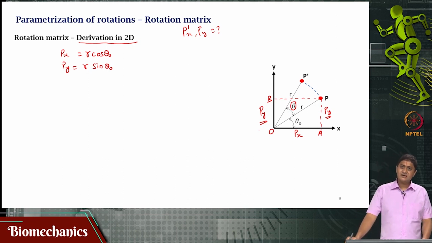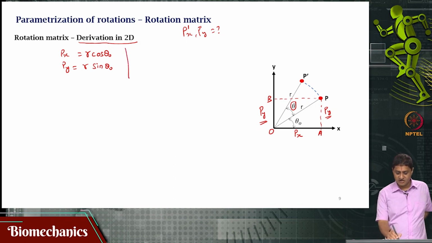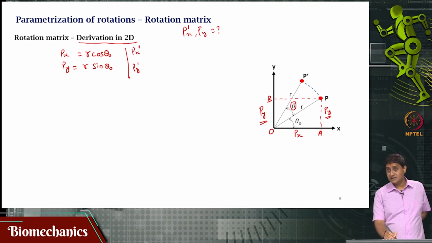Between P and P dash, r remains the same, something to keep in mind. Now, can I describe the location of P dash in the same way as I just described P? Like I wrote for Px and Py, can I write the values of Px dash and Py dash? It is not having the same angle theta naught, it is having an angle of theta naught plus theta, because it has undergone a pure rotation.